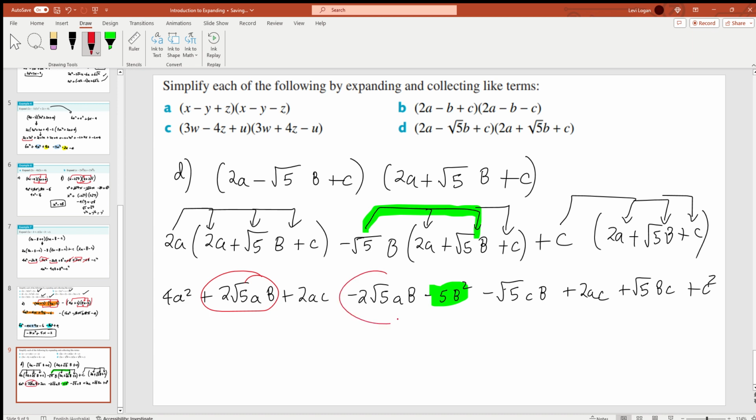This is the same as that, but opposite sign, so you can cancel that out. That is a like term with that, but the same sign, so you can leave that. That can get cancelled with that. And all we're left with is pretty much this. So we're going to have 4a squared plus 2 of those, so it's going to be 4ac, minus 5b squared plus c squared. And that's it.